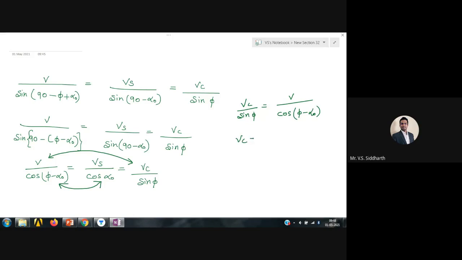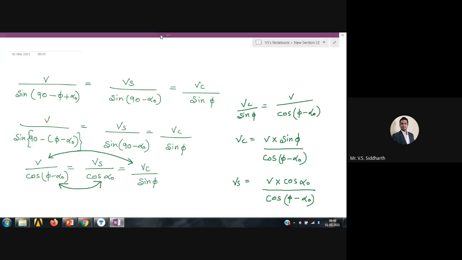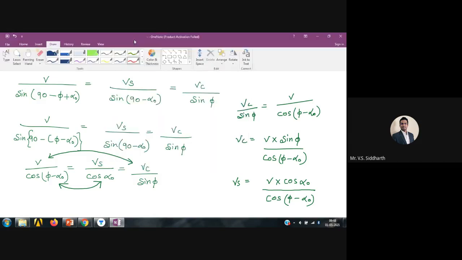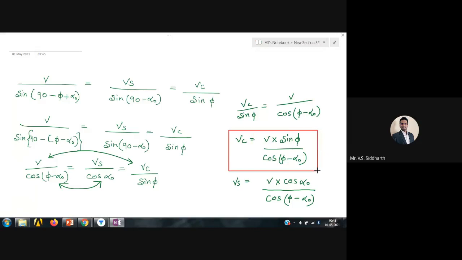So Vc will be V into sine phi divided by cos phi minus alpha naught. And the second one is Vs equals V into cos alpha naught divided by cos phi minus alpha naught. These two expressions are very, very important, and we will be solving some problems based on these two expressions. So look at the derivation once and tell me whether it is clear to everyone.